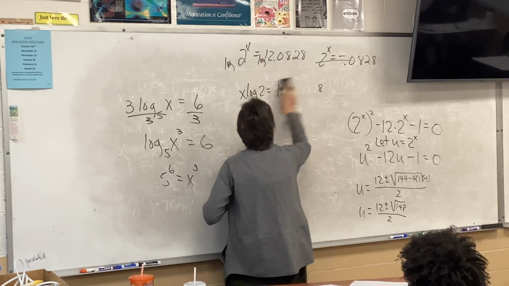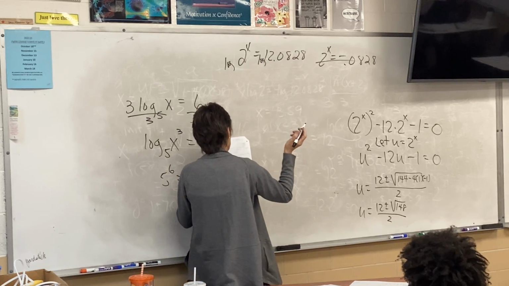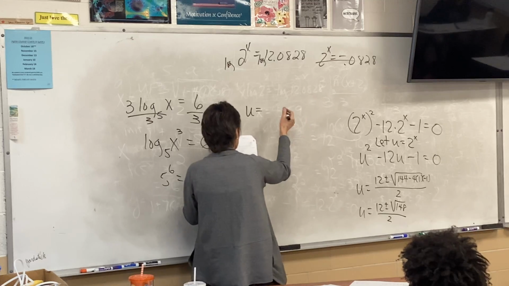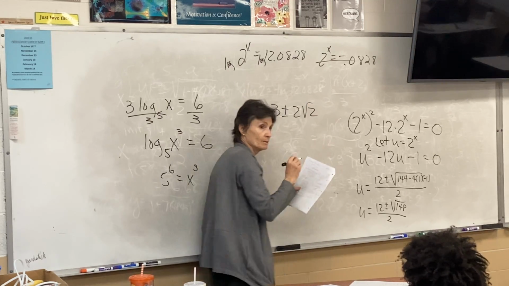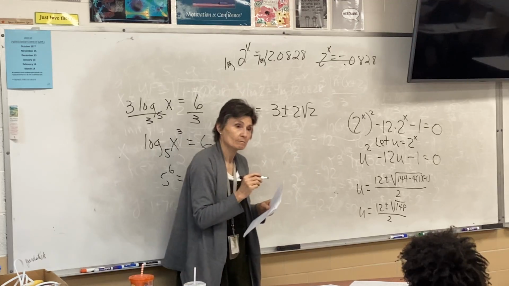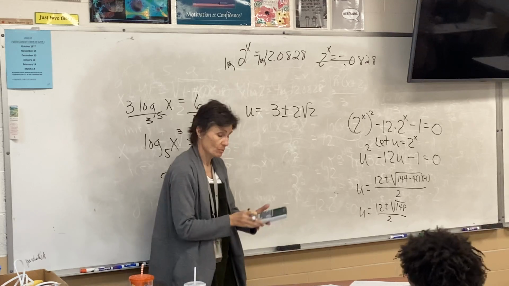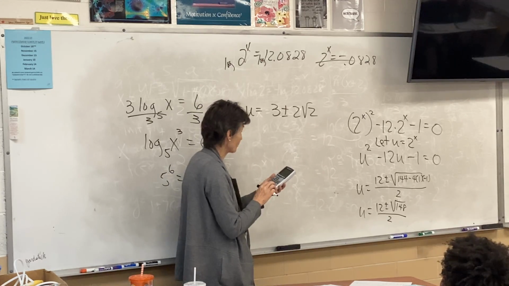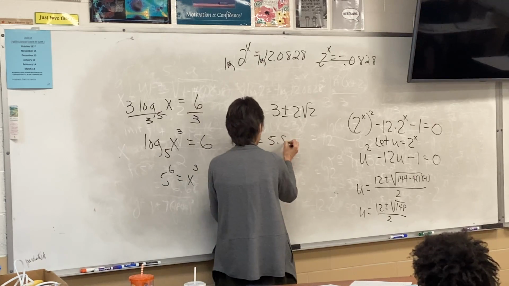Lucy, you solved it, and you must have done it correctly because you ended up with 3 plus or minus 2 root 2. Those were our u values. So one of those is 3 plus the square root of 8, which is 5.828.